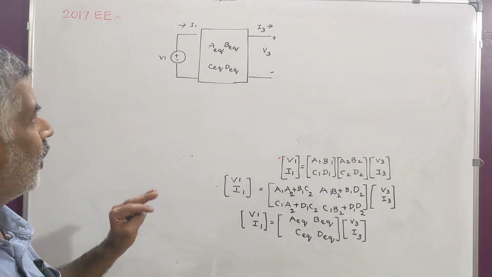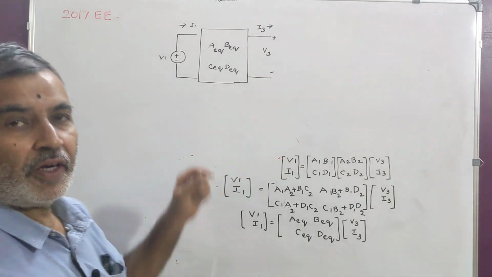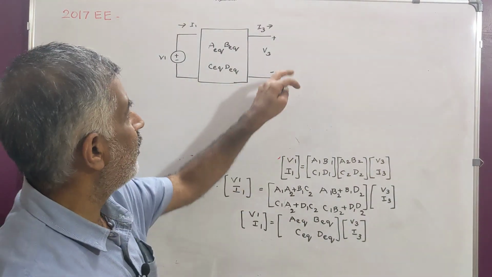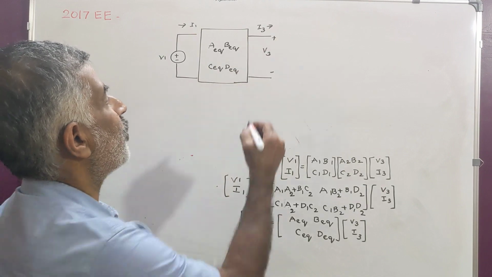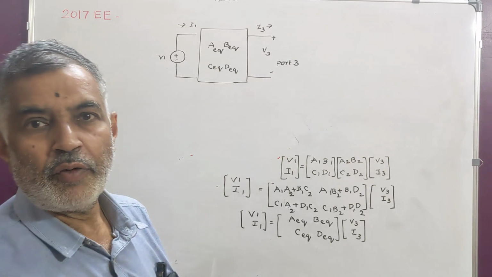Now, to find the Thevenin equivalent, first with respect to these two terminals, port 3 terminals, we have to open circuit port 3.